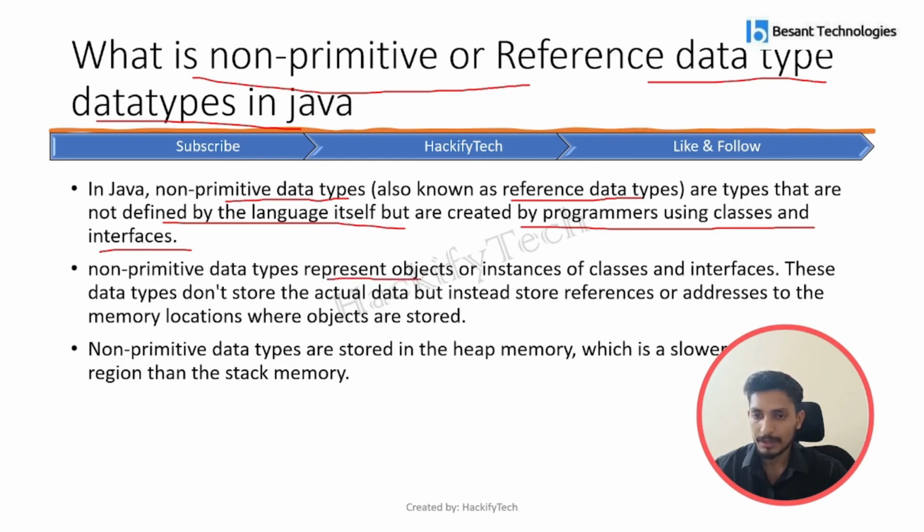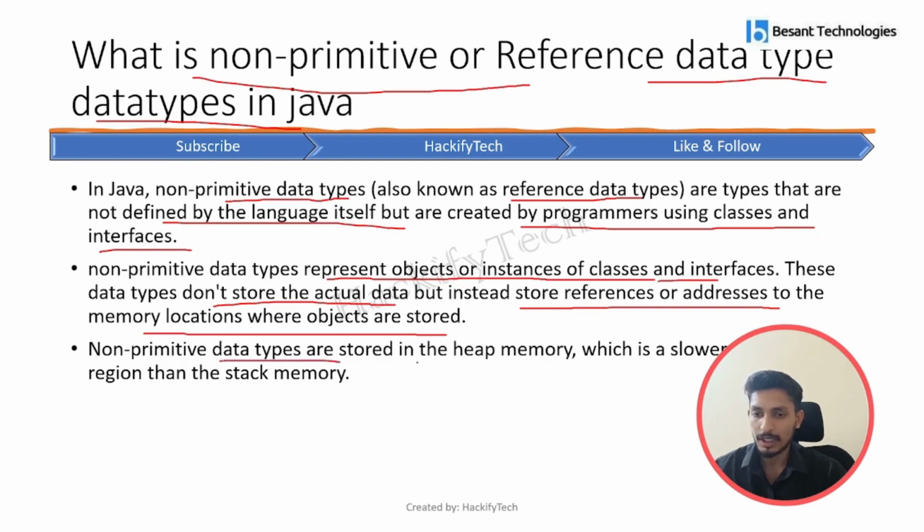A non-primitive data type represents an object or an instance of a class. This is an important point again, or an interface. These data types don't store the actual data, but instead store the reference or address of the memory location where objects are stored. So wherever the object is stored in memory, these non-primitive data types will be holding the address of that memory.